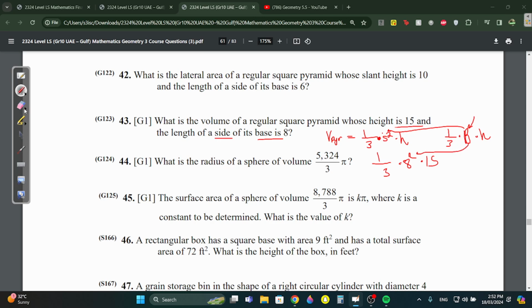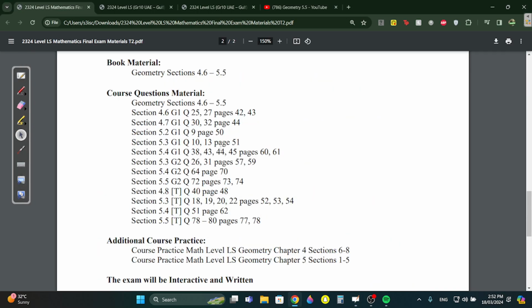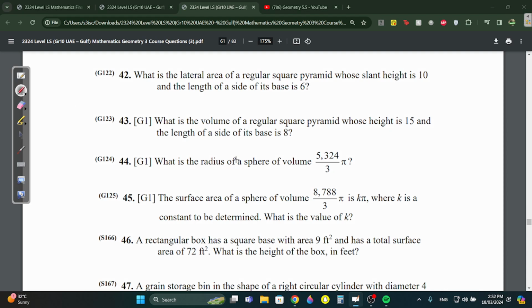Next, 44. What's the radius of the sphere if its volume is 5324 over 3 pi? The volume of a sphere is 4 over 3 pi r cubed. So 4 over 3 pi r cubed equals 5324 over 3 pi.